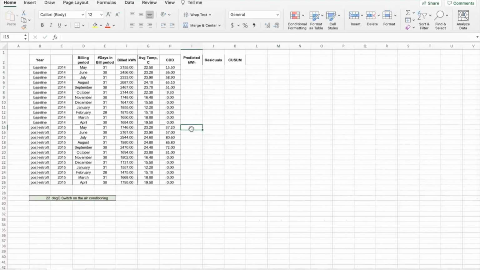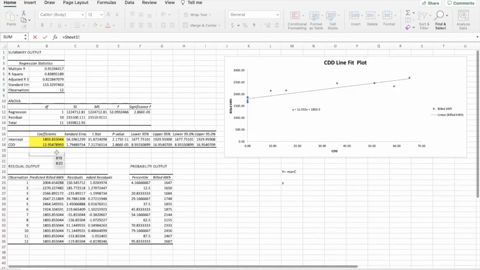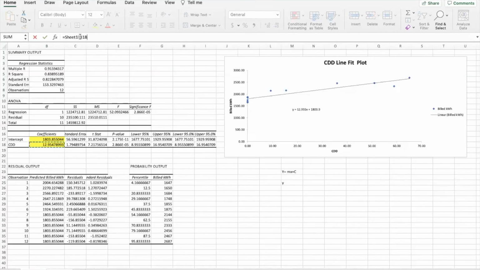So by the equation of the predicted energy consumption, y is equal to mx. M is the slope, and the slope here is this one. Of course, we put the dollar sign to fix this box and don't let it go away.